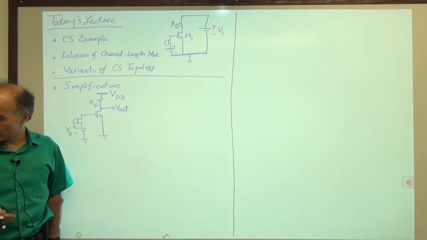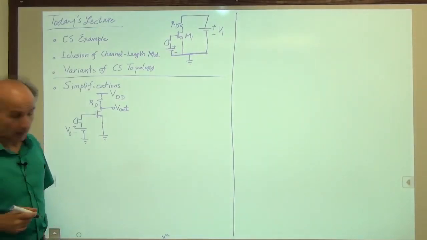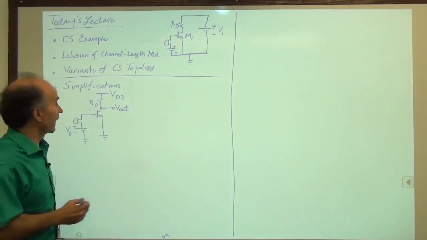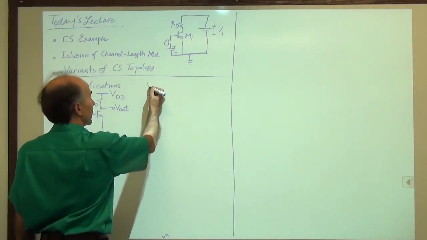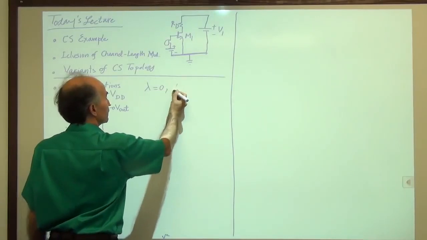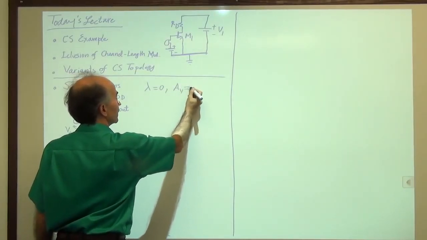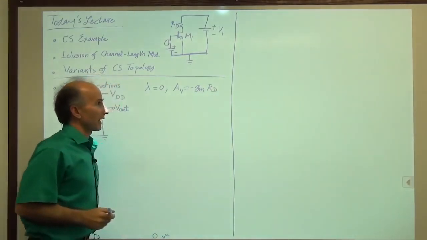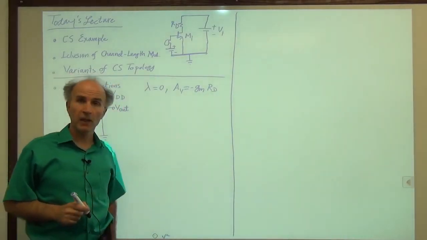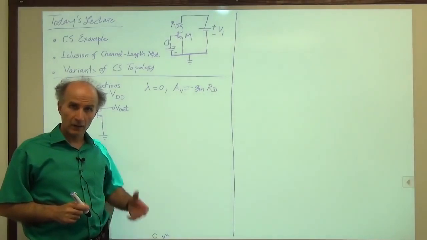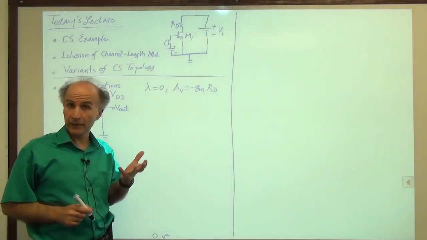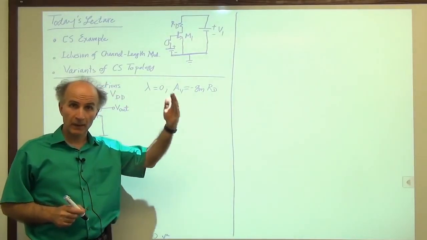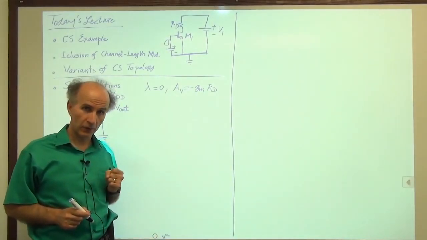Okay, so let's move on to the voltage gain that we just found. So we found that if lambda equals 0, the voltage gain is equal to minus GM RD. And we would like to verbalize this result, say it in words, because sometimes saying it and memorizing it in words will help us with more complex circuits in the future.